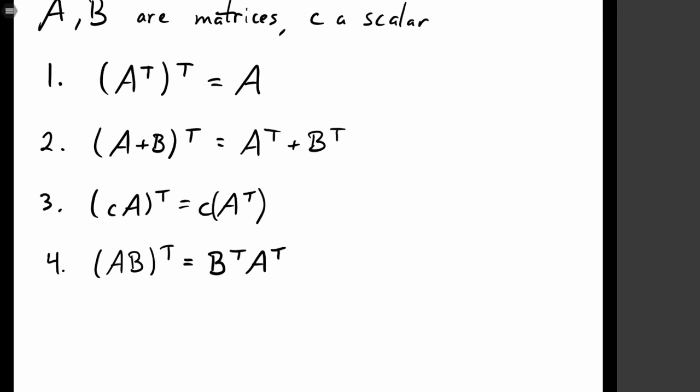And in a way, this kind of makes sense because we're flipping the matrix, we're swapping columns and rows. And if you think about how matrix multiplication works, it's rows of the first one times columns of the second. So if you flip both matrices on their ends, then think about how that should probably work out there.